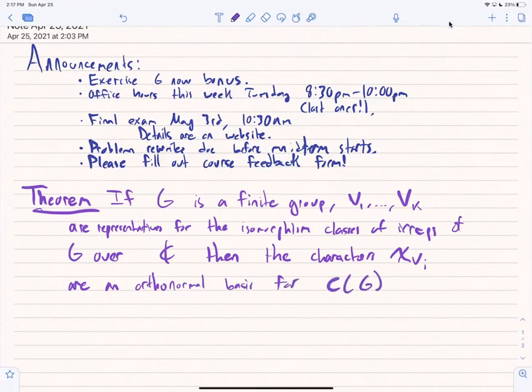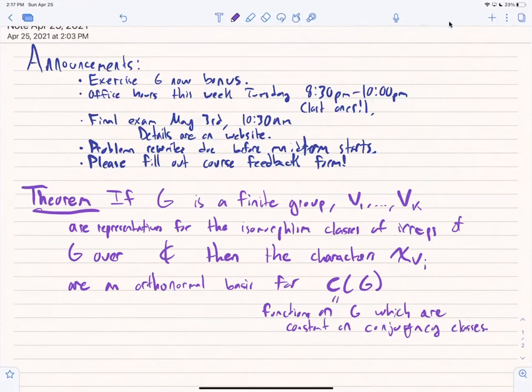So these are complex-valued class functions. These are functions on G which are constant on conjugacy classes. So f of g h g inverse is the same as f of h.